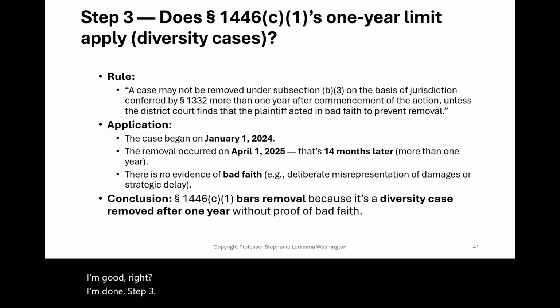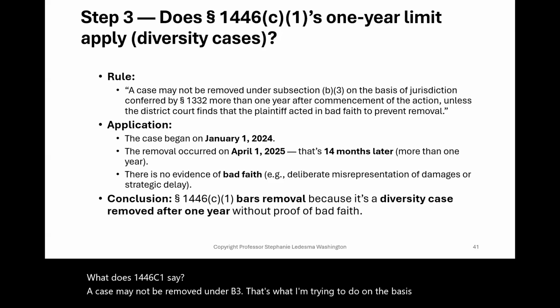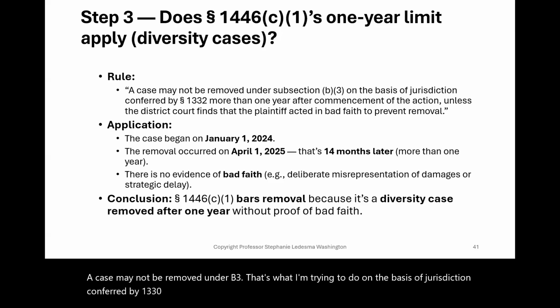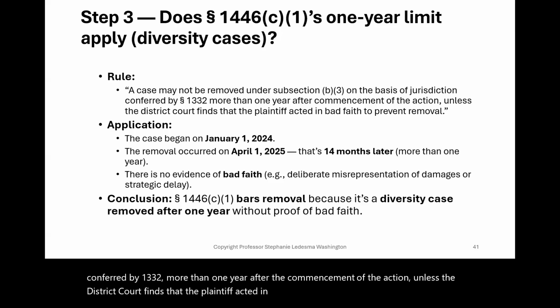What does 1446(c)(1) say? A case may not be removed under (b)(3), that's what I'm trying to do, on the basis of jurisdiction conferred by 1332 more than 1 year after the commencement of the action, unless the district court finds that the plaintiff acted in bad faith. Okay, let's apply it.